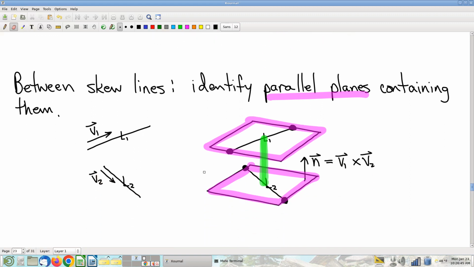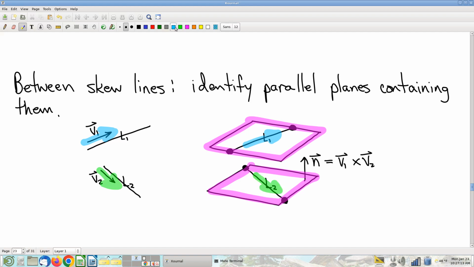So now we just have to figure out how we are going to find these two parallel planes. And a really clever idea: if you look at the direction vector for the first line, note that direction vector, being parallel to the first line, is also parallel to both of the planes. Likewise, the direction vector for the second line is also parallel to both planes.